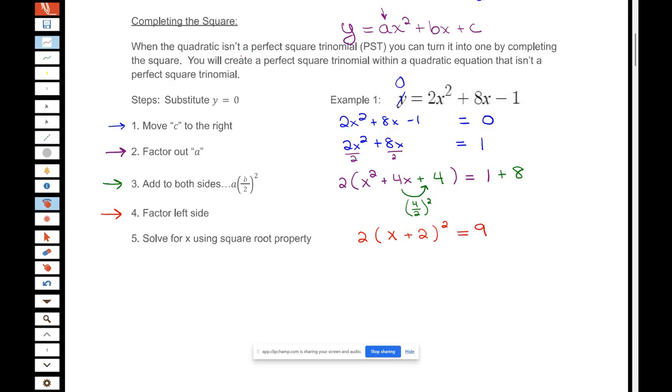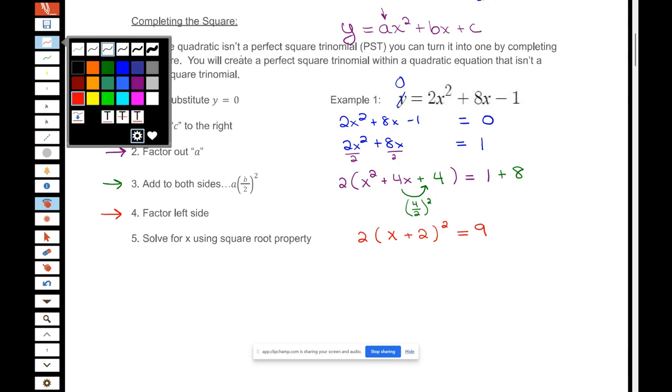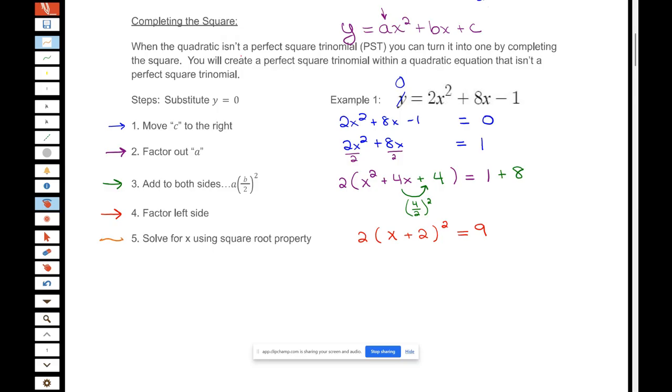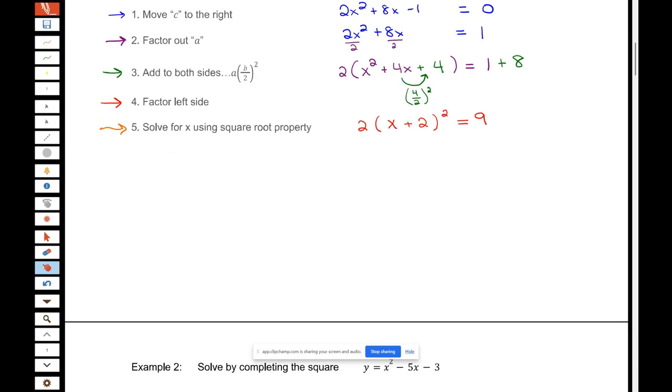And this is 9. Then next and finally, we are going to solve for x like we did a minute ago using our square root property. So that means I'm going to divide both sides by 2. So I have x plus 2 squared equals 9 halves.